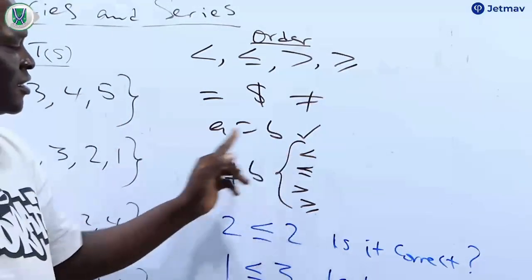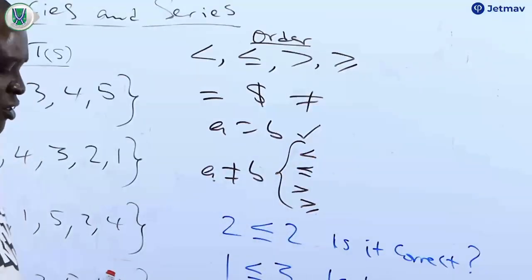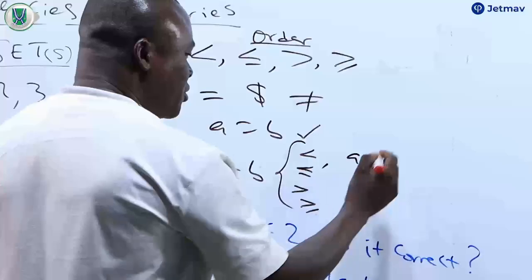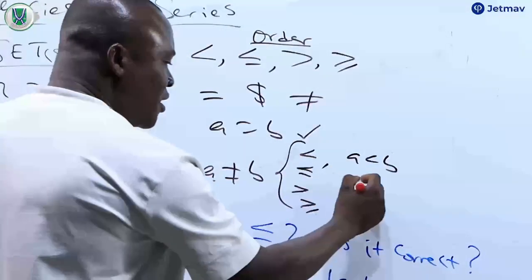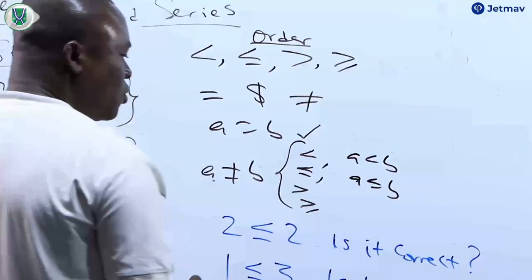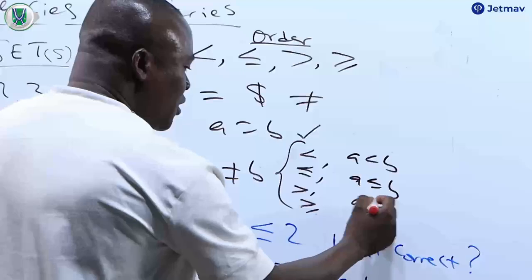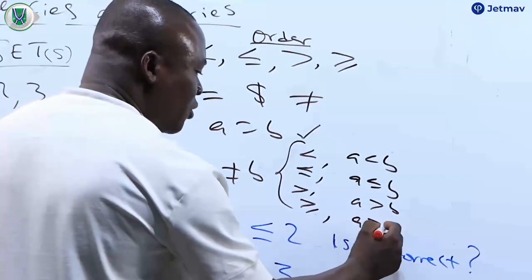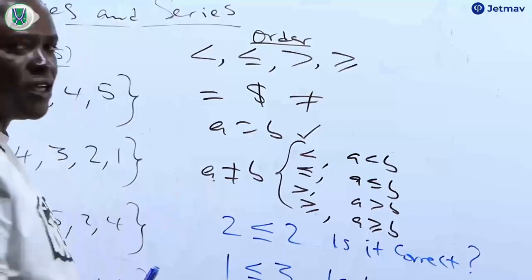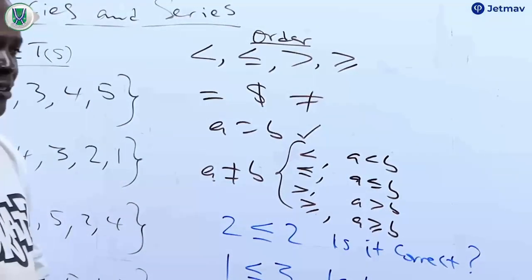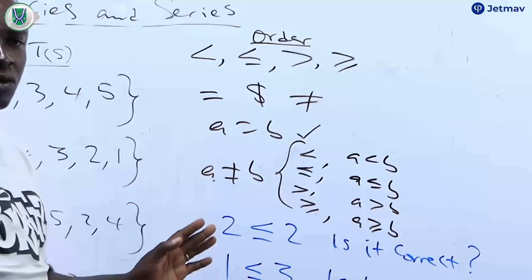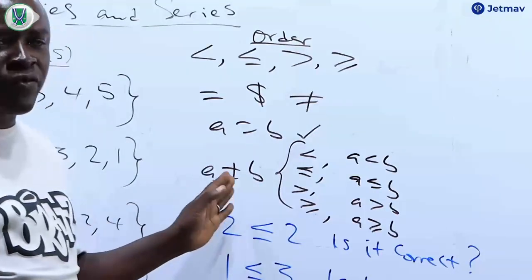Is A less than B, or is A less than or equal to B, or is A greater than B, or is A greater than or equal to B? These are the questions you need to answer whenever you say not equal to. So not equal to poses several questions to us.